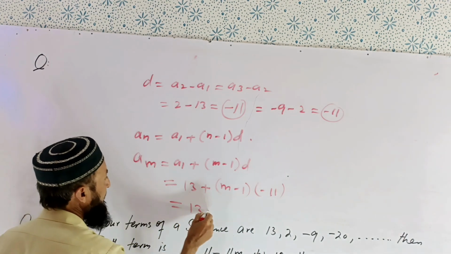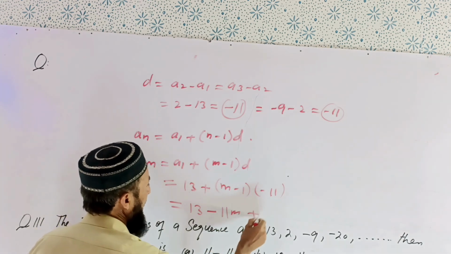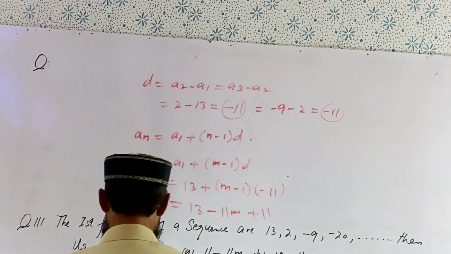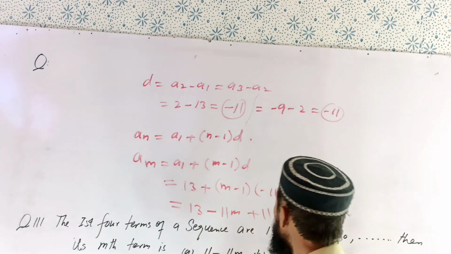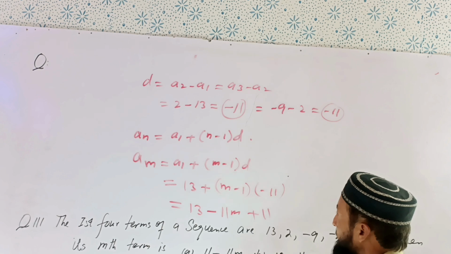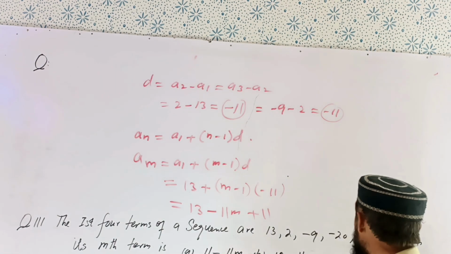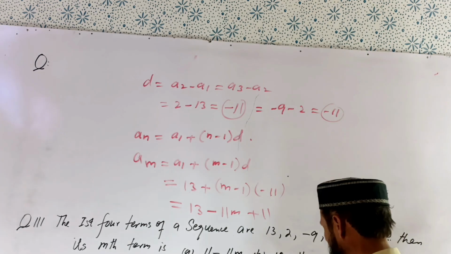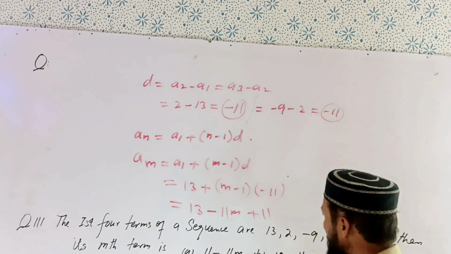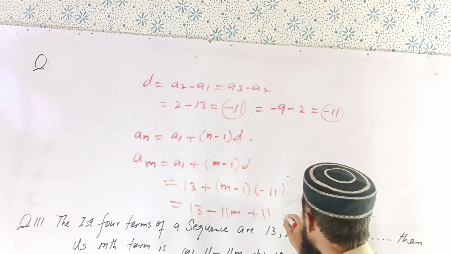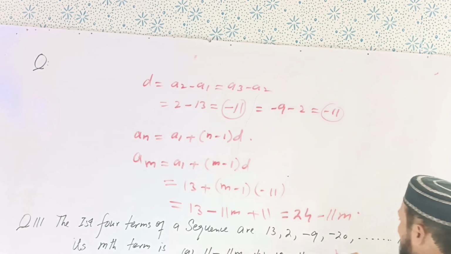So 13 minus 11m plus 11. If we add these terms, the result is 24. So we get 24 minus 11m, which is the correct option.